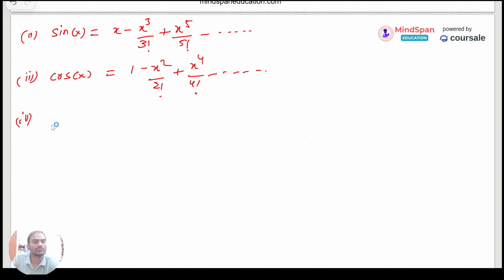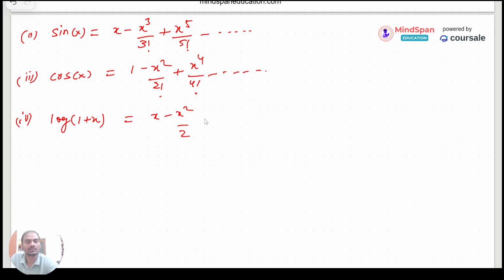Similarly, for log x, it is convenient to calculate log 1 plus x. Later we replace and find the log x. Later means in the questions wherever we get log x. For log 1 plus x, what do we get? We get x minus x square by 2, sorry, not factorial 2, it is just 2.